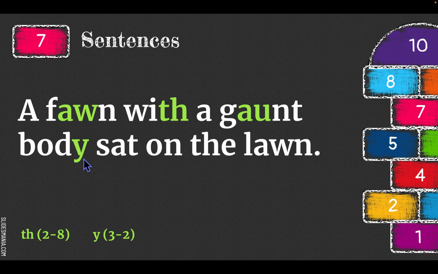Body, we remember a Y at the end of a word, unless it's a very short word, it usually has the long E sound. Sat on the lawn. A fawn with a gaunt body sat on the lawn.